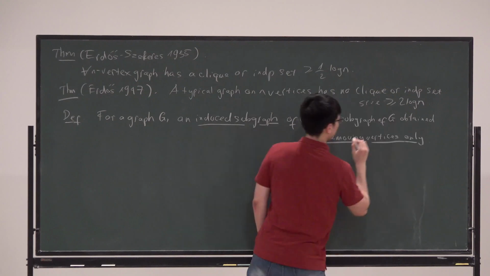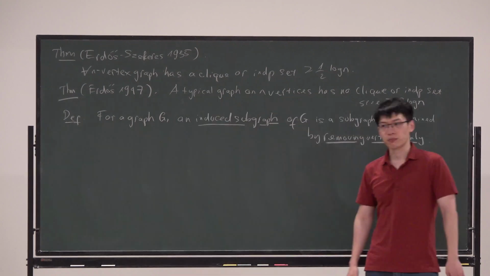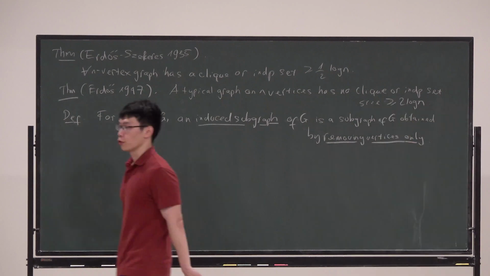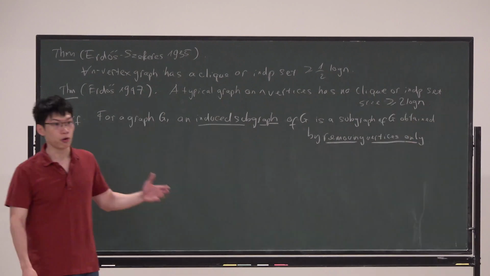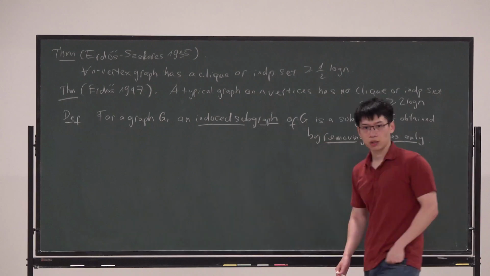In other words, you have to preserve the edges between the pairs. As long as you want to remove an edge, you also have to delete its endpoints as well. Okay. Let's go to some examples.